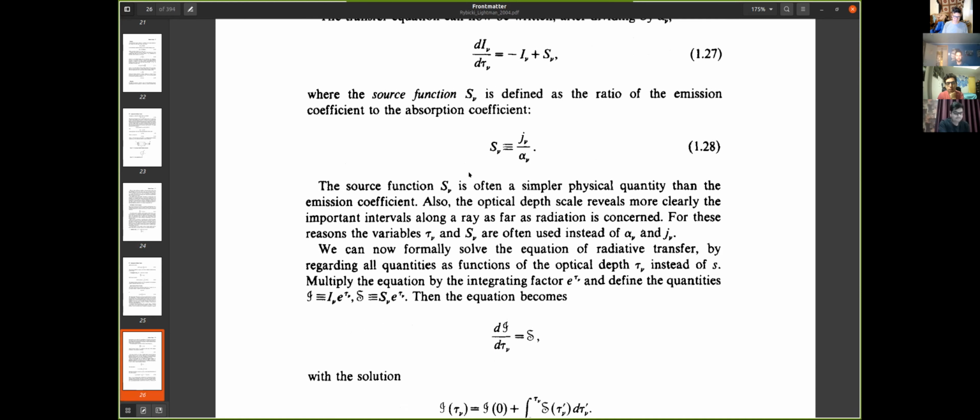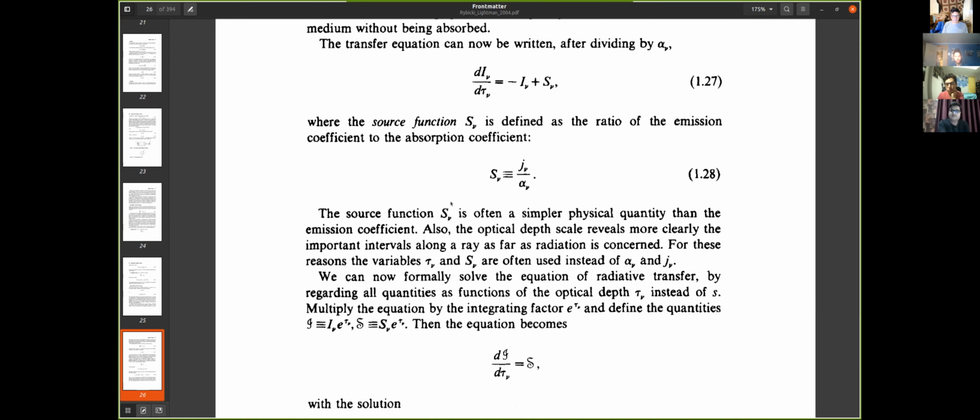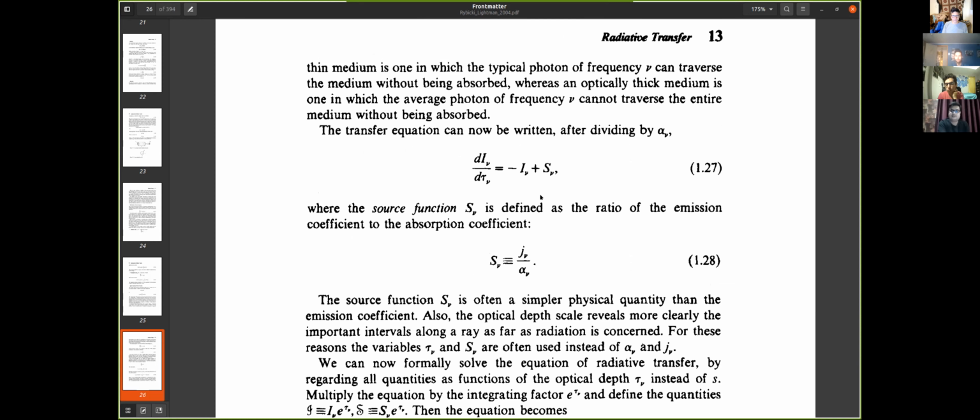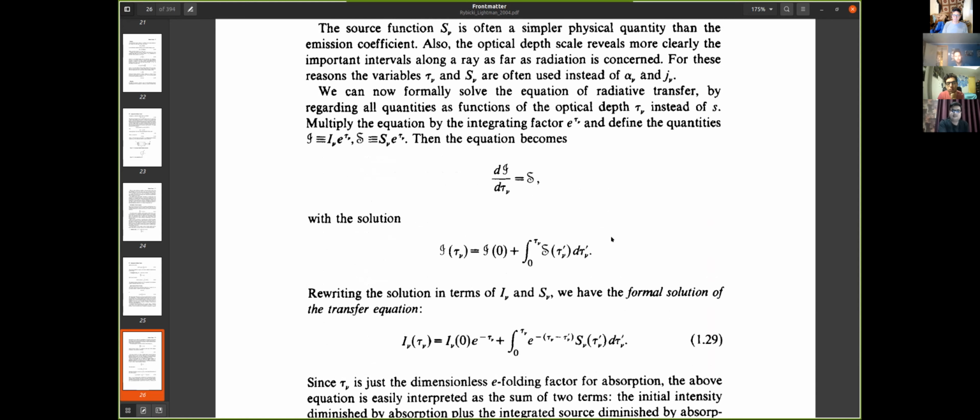and as he has written, the source function S nu is often a simpler physical quantity than the emission coefficient. Now the author wants to derive the solution of this radiative transfer equation, whether it's in the form of equation 1.27 or 1.23. So he did a mathematical trick.